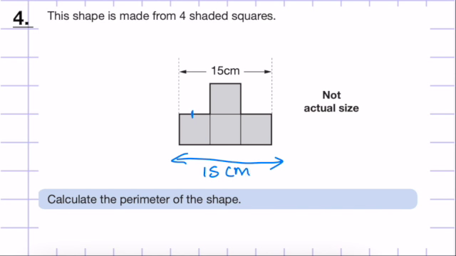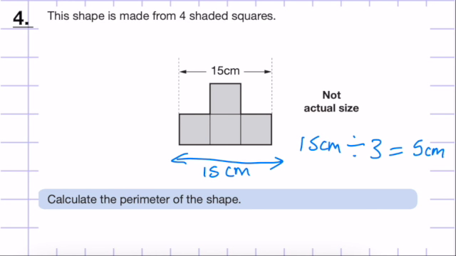So if I want to work out what each one is, I need to do 15 centimetres divided by 3. Now 15 divided by 3 is 5. So I now know that each side of each square is 5 centimetres.